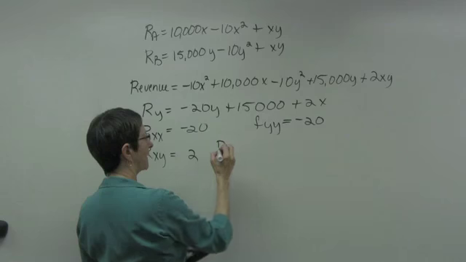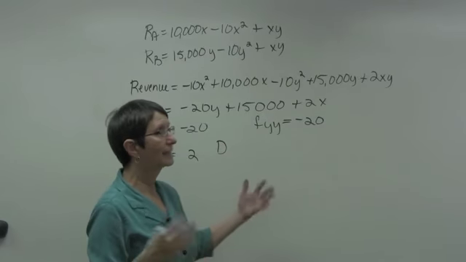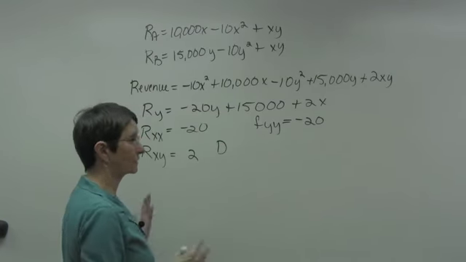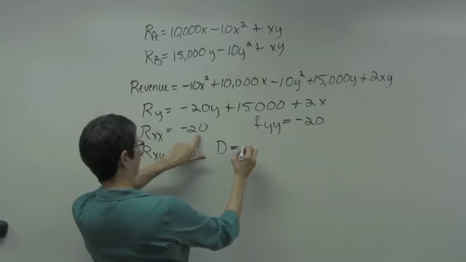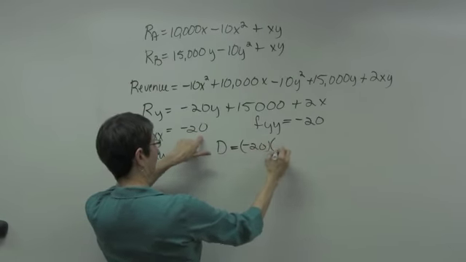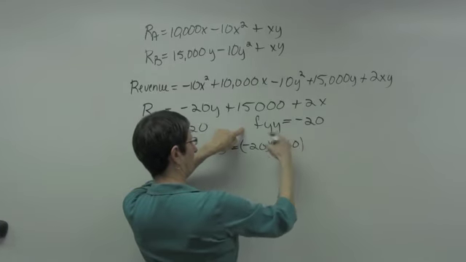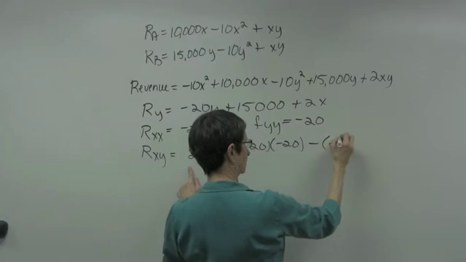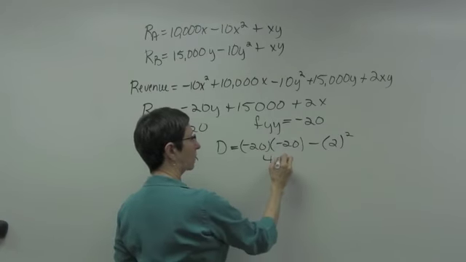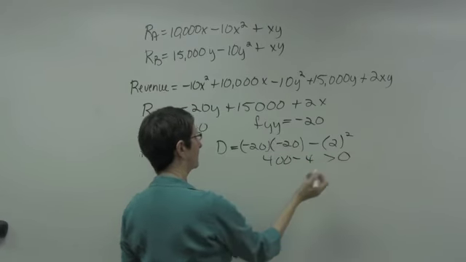So D at my point, 808 for y and 580 for x, turns out to be negative 20 for fxx times negative 20 for fyy minus 2 squared, minus 4. 400 minus 4 is definitely a positive number.